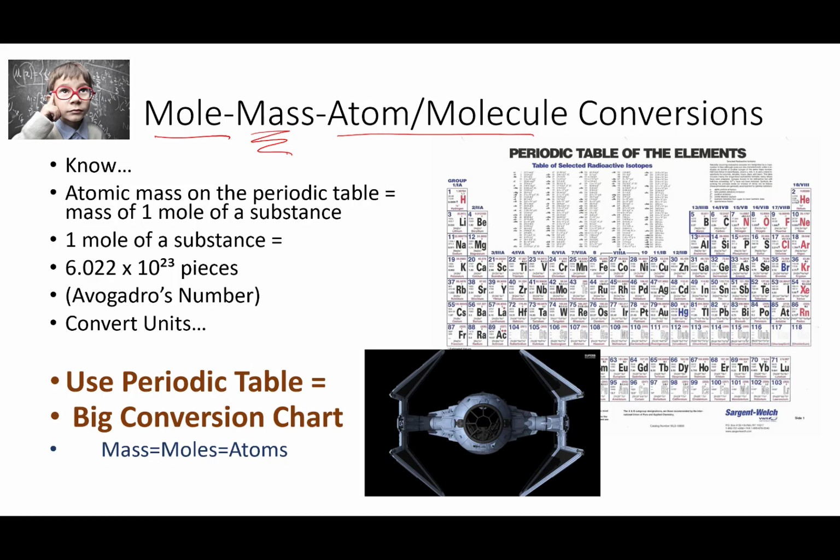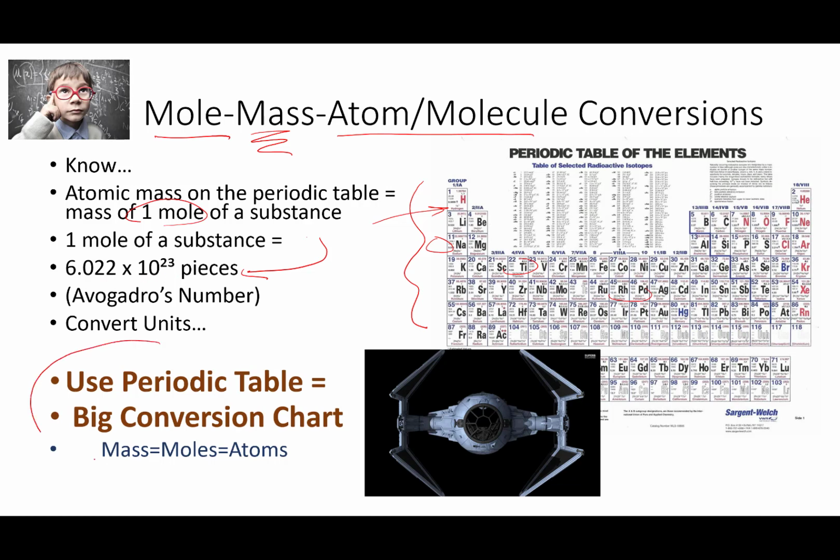Now, what we have learned so far is that on the periodic table, we know the atomic mass of individual atoms. We can find molecular masses by adding masses of individual atoms together to find the mass of a molecule. And we know that a mole of anything contains Avogadro's number, 6.022 times 10 to the 23 pieces.